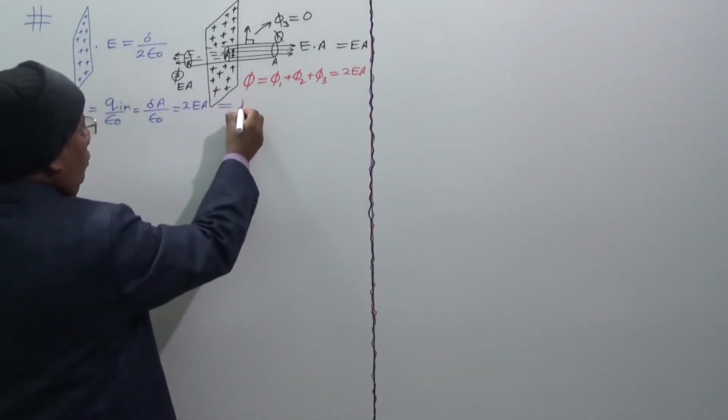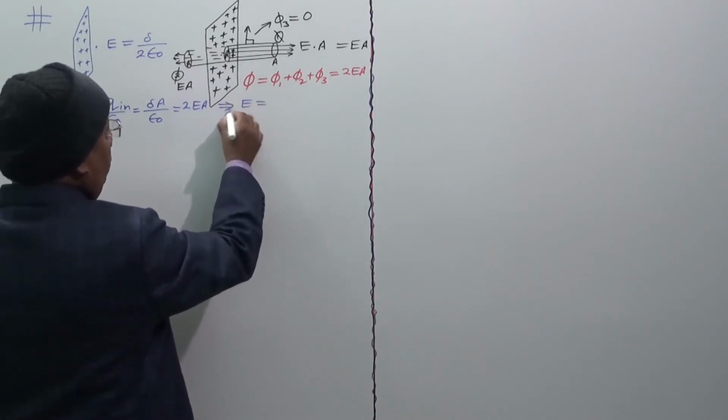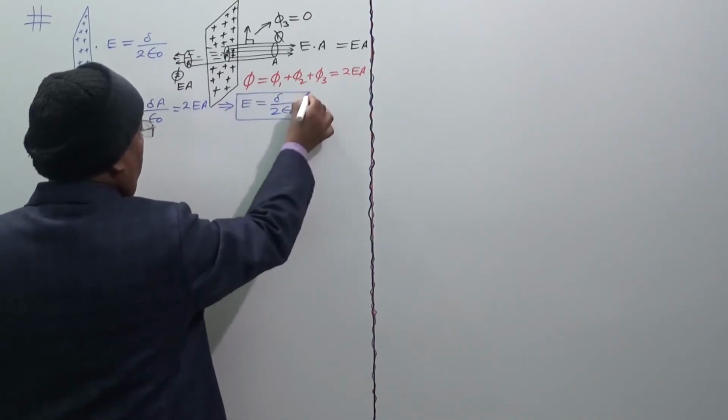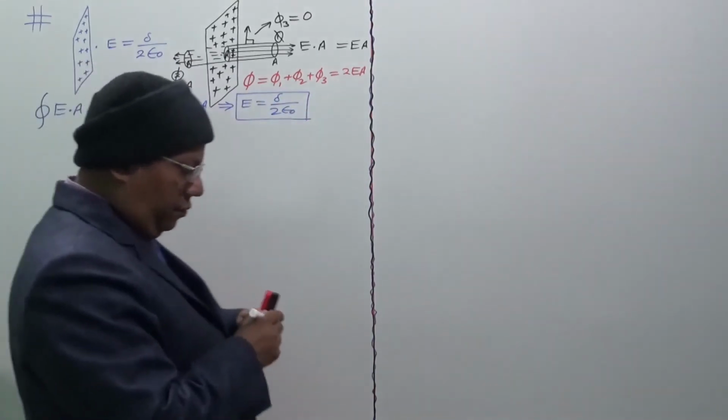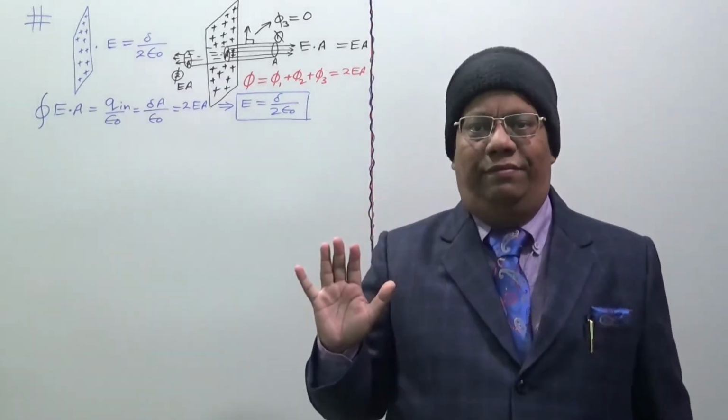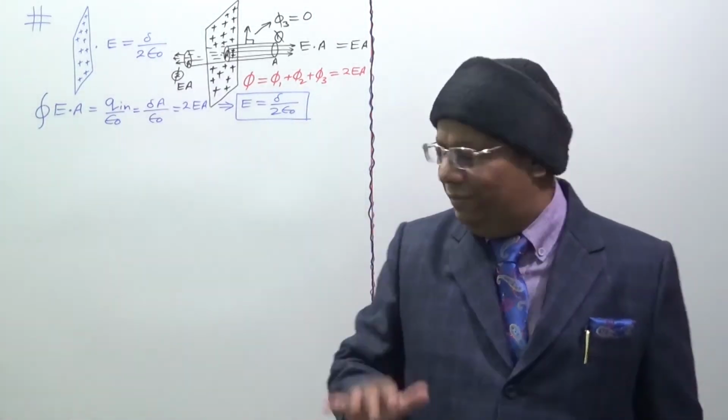This gives you E is equal to small sigma upon 2 epsilon naught. I know that you know this very well. Okay.